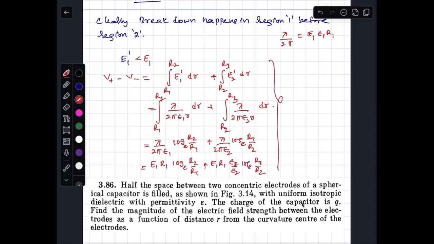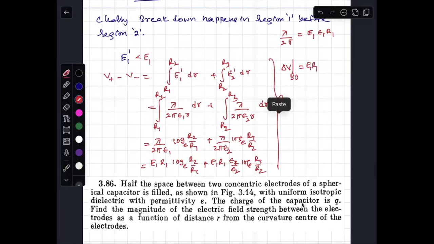Therefore, the potential difference for breakdown is E1 R1 common, log e R2 by R1 plus epsilon 1 by epsilon 2 times log e R3 by R2.